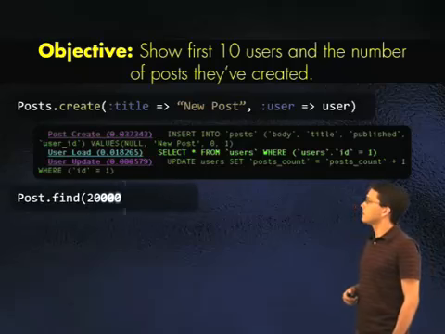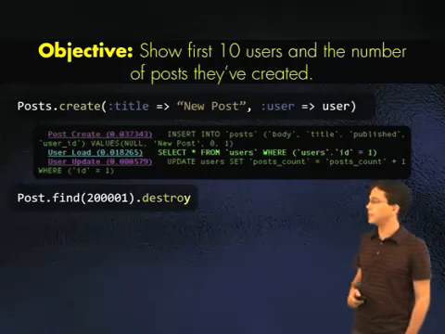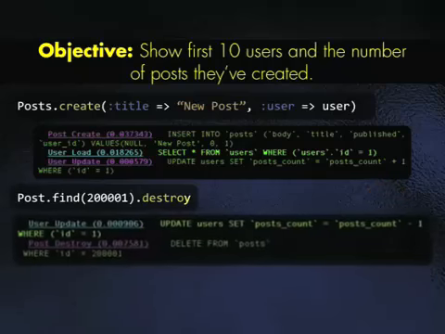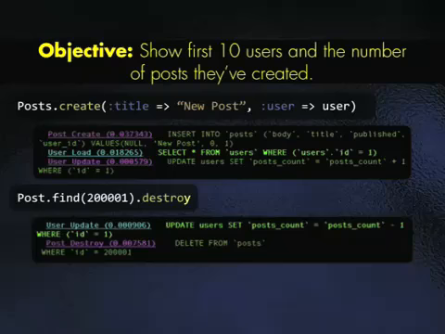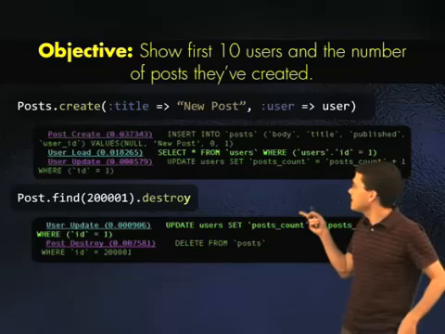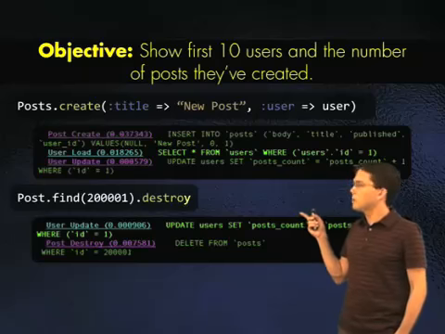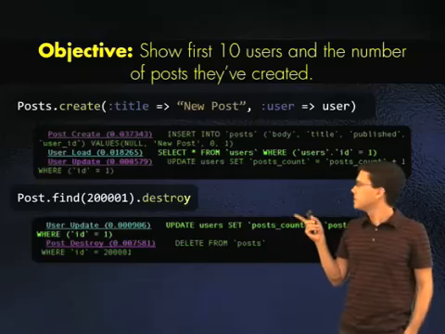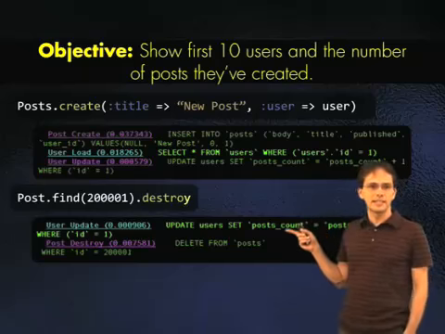If we then go and we delete a post and look in the logs, it's going to call update post count -1. It's going to take one away from the count, and then it's going to delete that post. So you may be thinking to yourself, wait a second, if the delete fails, then my post count is going to be wrong, because the delete's coming after I update the counter.